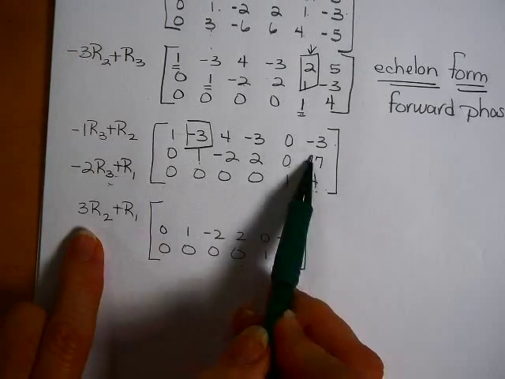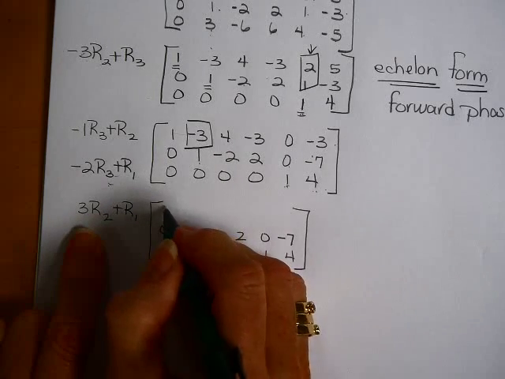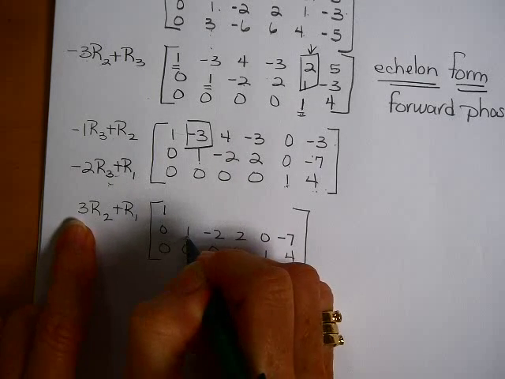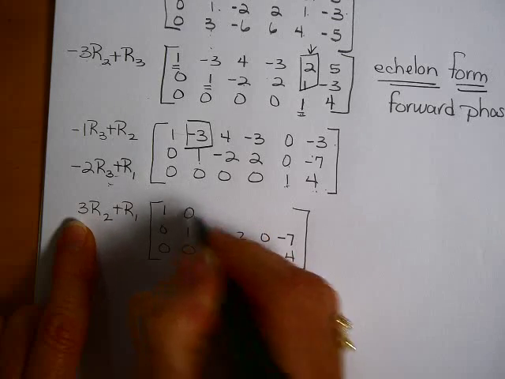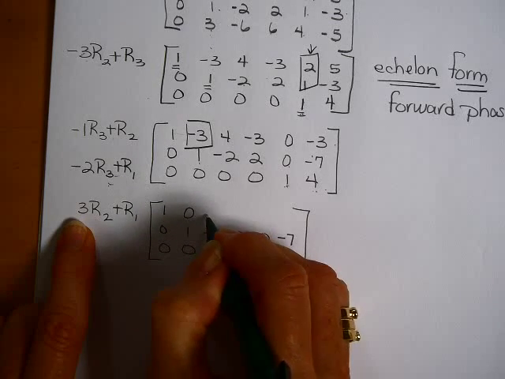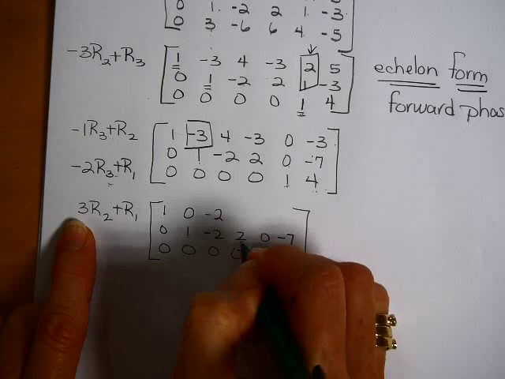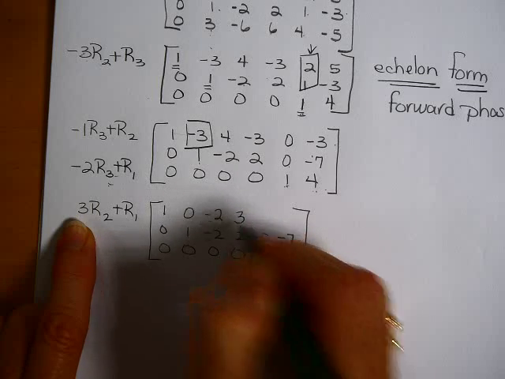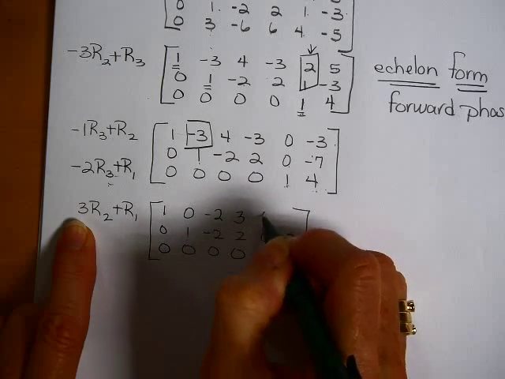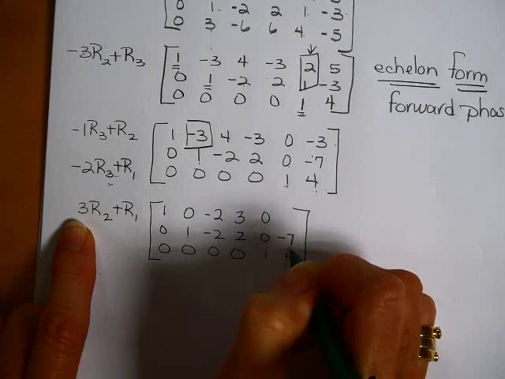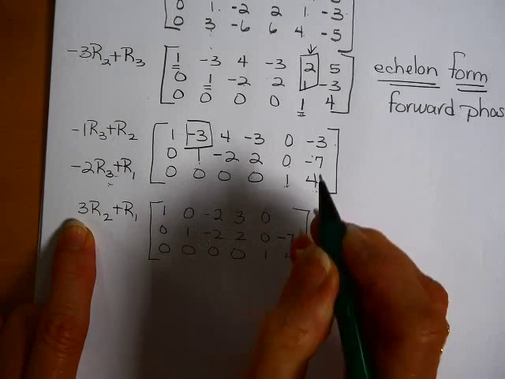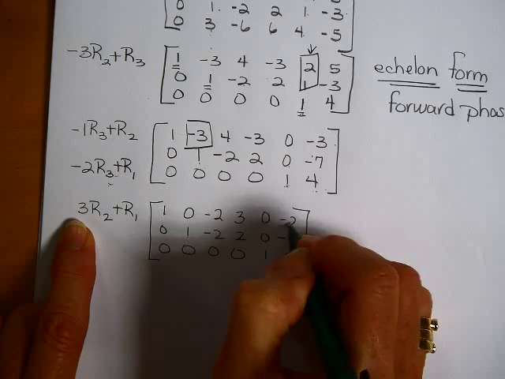The only thing that's going to change is this top row. The 1 doesn't change. 3 times 1 is 3. 3 minus 3 is 0. Negative 6 and 4 is negative 2. 6 minus 3 is 3. That's still a 0. Negative 21 and negative 3 looks like negative 24.